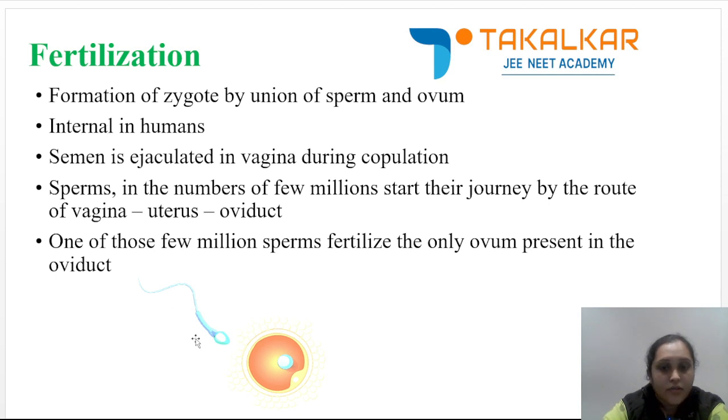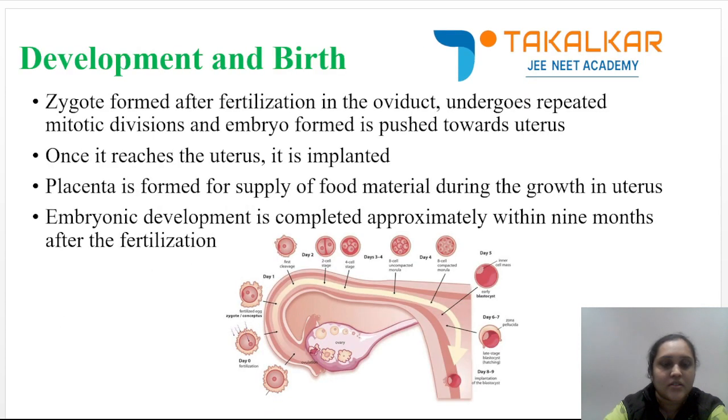The zygote divides rapidly to form the embryo. These sperms, which are released into the female reproductive structure, move from the vagina to the uterus and finally into the oviduct, where fertilization will take place.